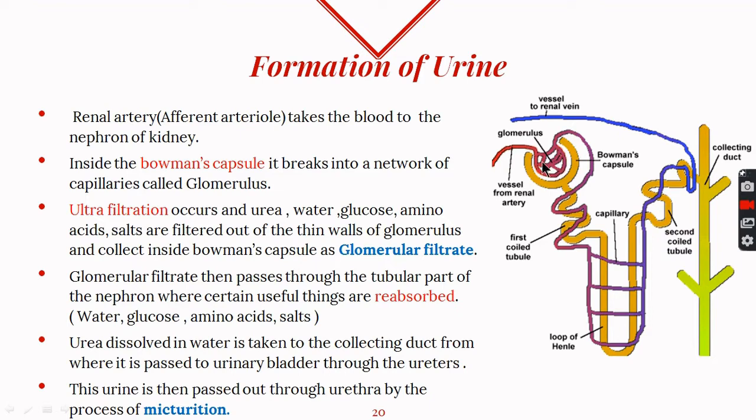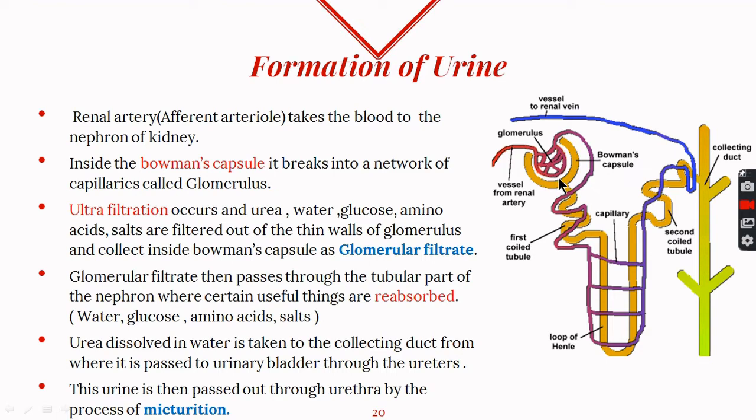Walls of the glomerulus are semi-permeable, and blood is flowing under high pressure inside the glomerulus. As a result, ultrafiltration occurs, and many things escape out of the blood and collect inside the Bowman's capsule. All these things together are called glomerular filtrate. This filtrate includes urea, water, glucose, amino acids, salts, etc.